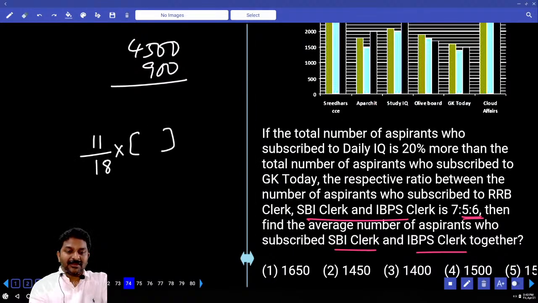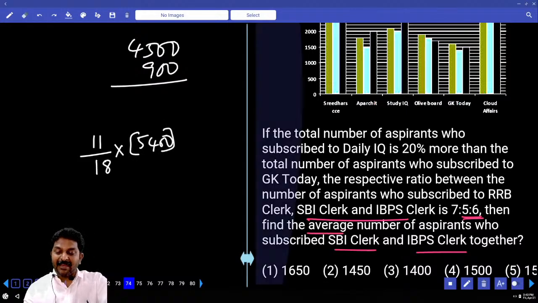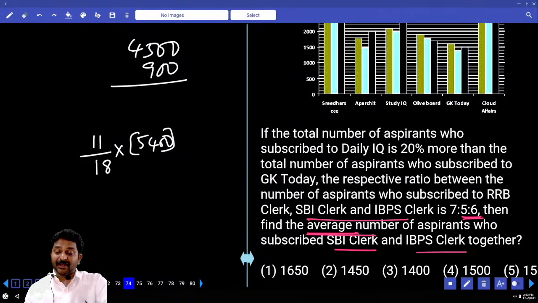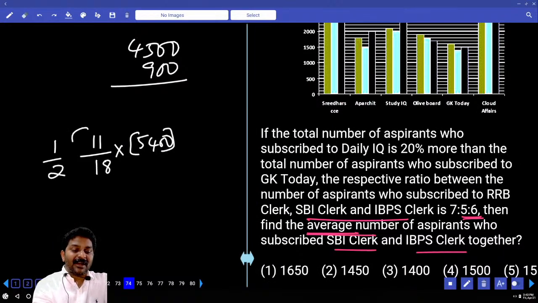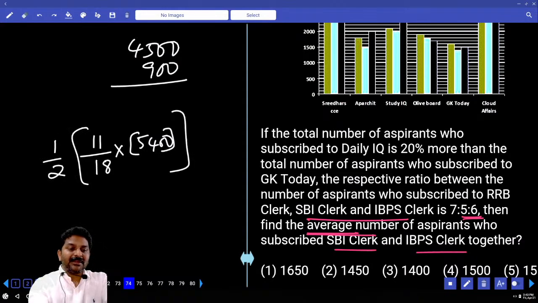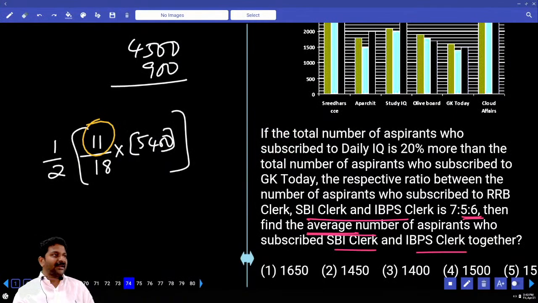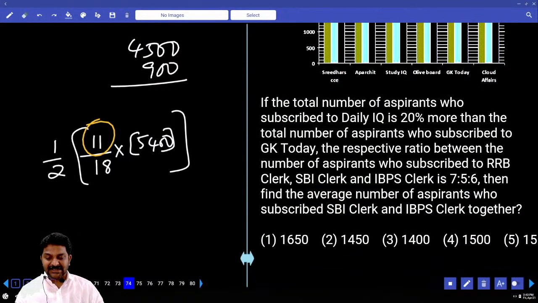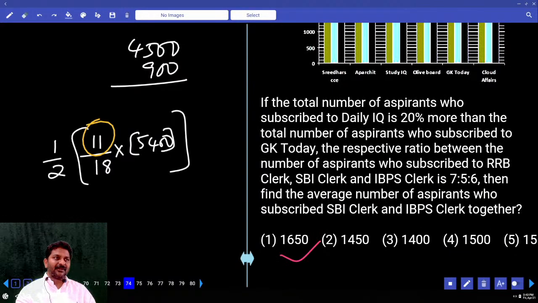So that must be 5400. But the question is average, right? Average for how many exams? That means again we need to take half of this number. But here the interesting point is you have 11 in the numerator. The answer must be a multiple of 11. How many options are 11 multiples here? Only the first option. That's the final answer. You don't have to calculate.